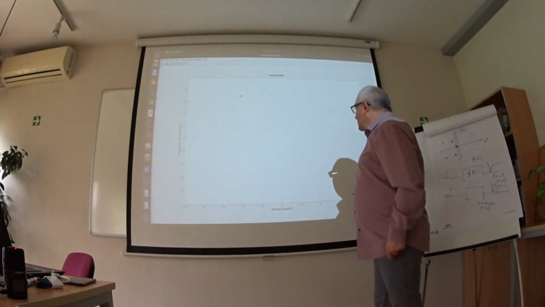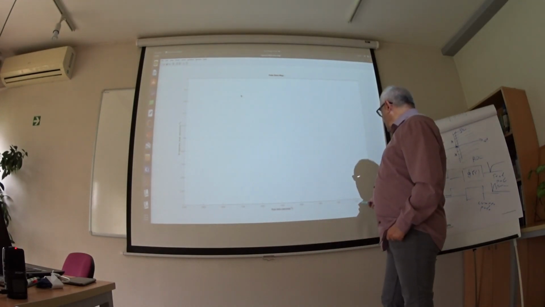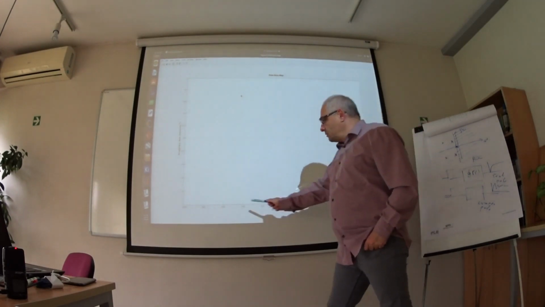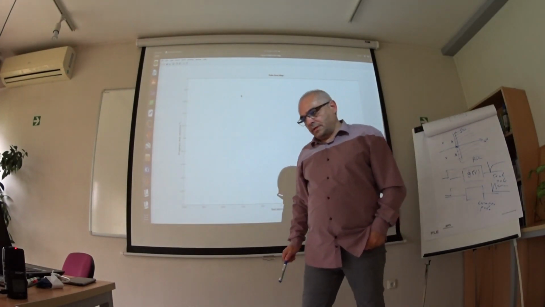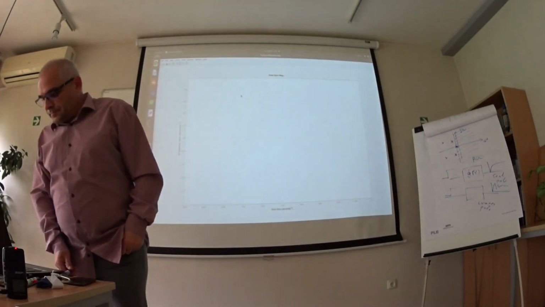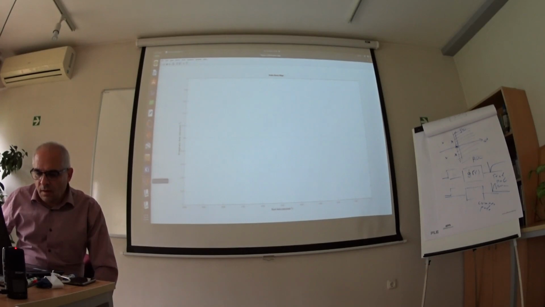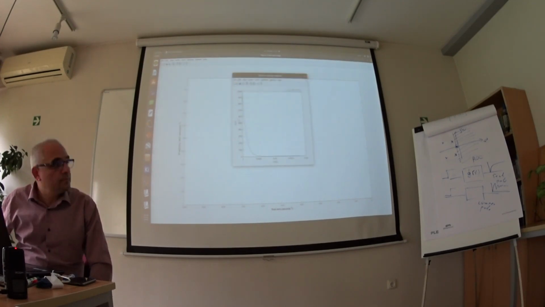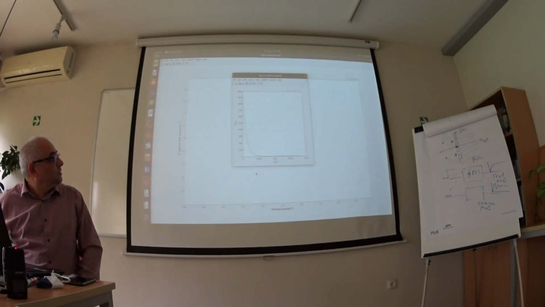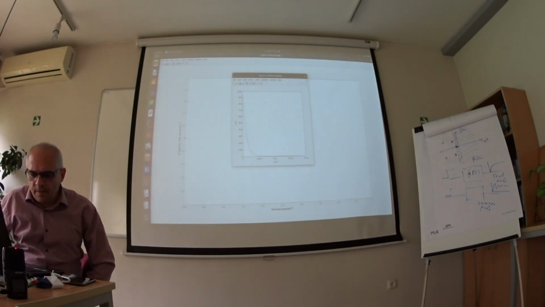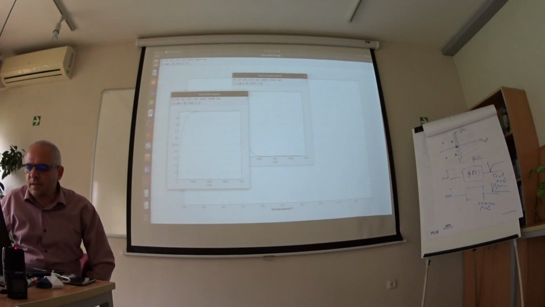The pole is here. The real part of the pole is 1000, which is exactly the cutoff frequency. And this is the impulse response, as we expected, no oscillations, and step response also.